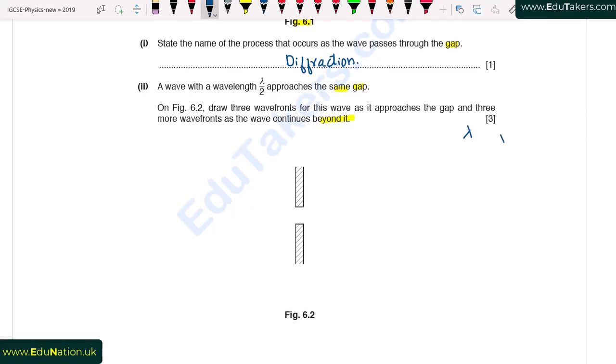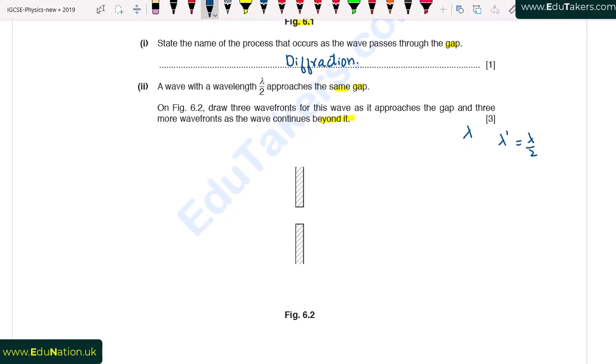So here wavelength I represent with lambda prime and it is equal to lambda by 2. So here wavelength is half, and when the wavelength is small as compared to the gap of slit, then the diffraction will be less. So there will be less diffraction as compared to figure 6.1.